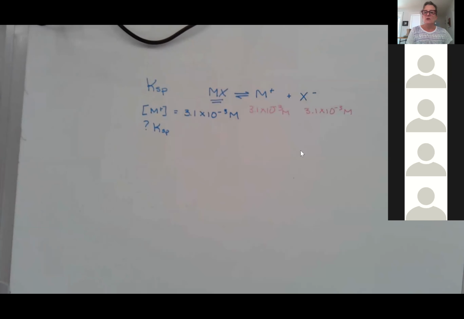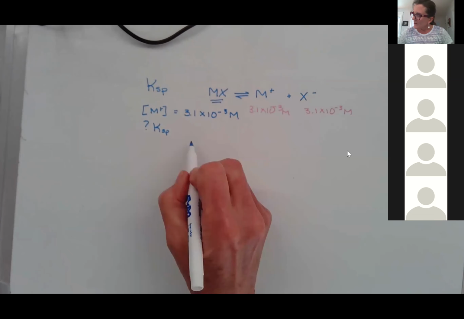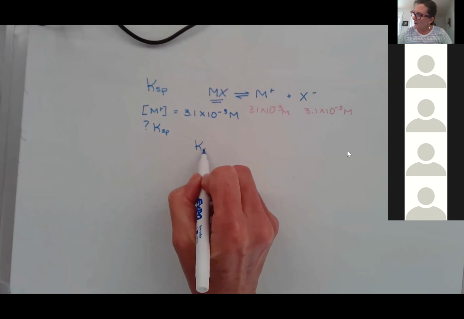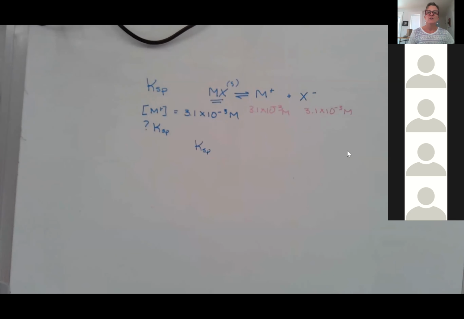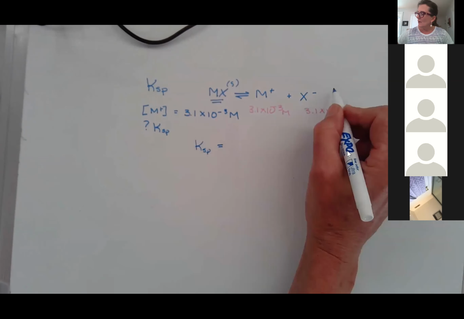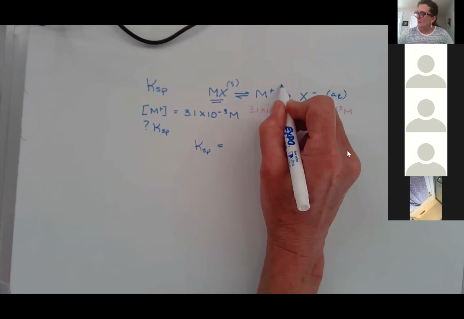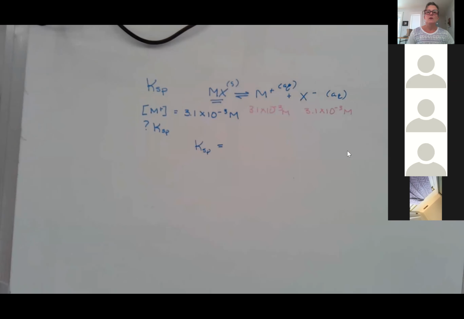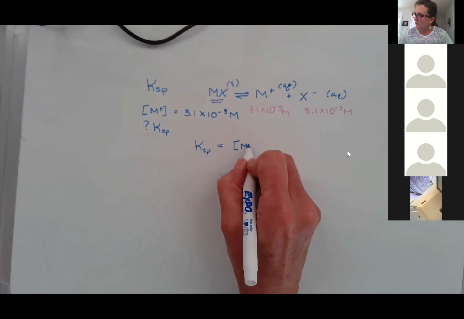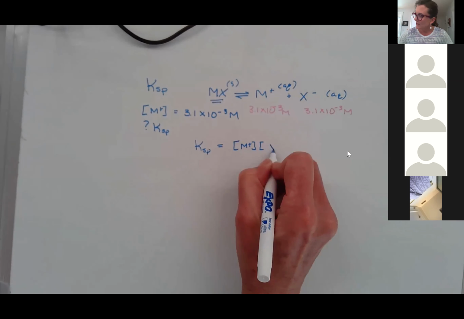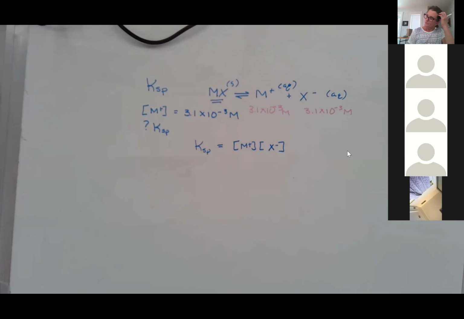And in this equilibrium expression, because MX is a solid, we don't include that in the equilibrium constant, because we only include aqueous and gases in our equilibrium constant. So the equilibrium constant will be calculated on the concentration of M plus times the concentration of X minus.